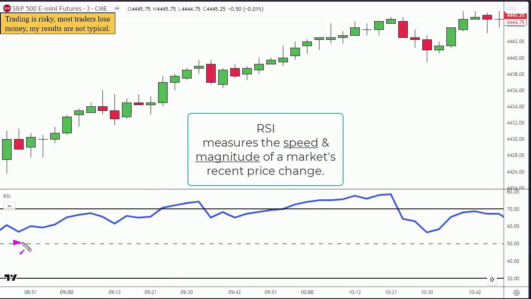When the indicator goes up, that's telling us that price action is moving up with, well, speed and magnitude. Do you want to short a market that has bullish speed and magnitude? And I hope the self-evident answer to that is no, you do not, right? You want to be bullish.